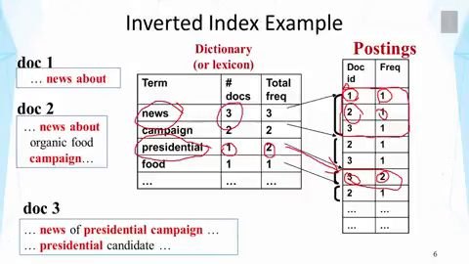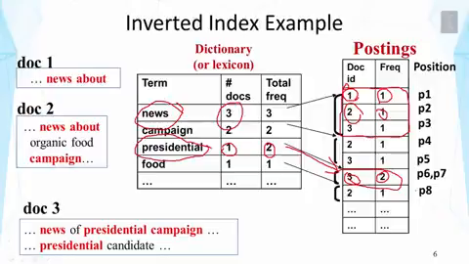Now, sometimes we also want to store the positions of these terms. So in many of these cases, the term occurred just once in the document. So there's only one position, for example, in this case. But in this case, the term occurred twice, so we would store 2 positions.